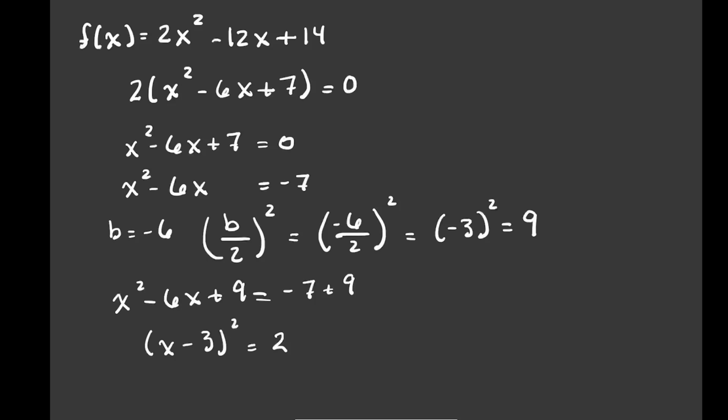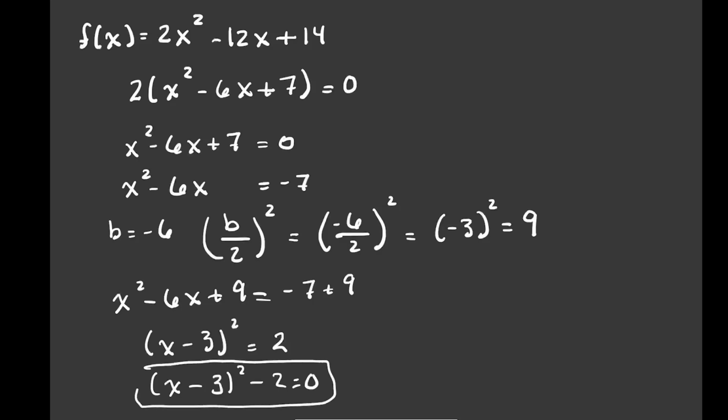My last step is I'm going to take the 2 and write it on the other side of the equation: minus 2 is equal to 0. Whatever I obtain here is going to go into the parentheses, because this (x minus 3) squared minus 2 is just whatever is inside of the parentheses.